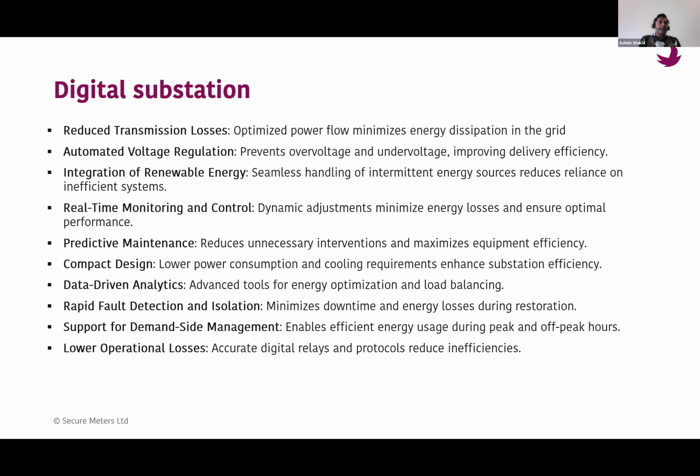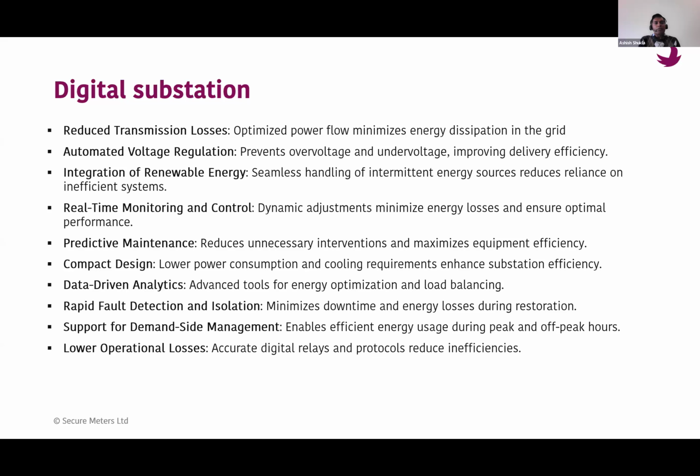In the next slide I have listed some benefits, for what purposes this digital substation can be used: reducing transmission losses, voltage regulation, integrating renewable energy, real-time monitoring and control. Because you have more and more data, you can communicate in a better way, and once you have the data, of course you should be able to control as well.